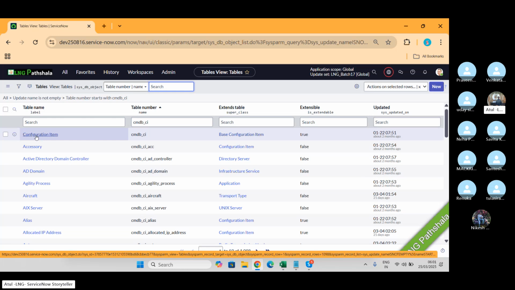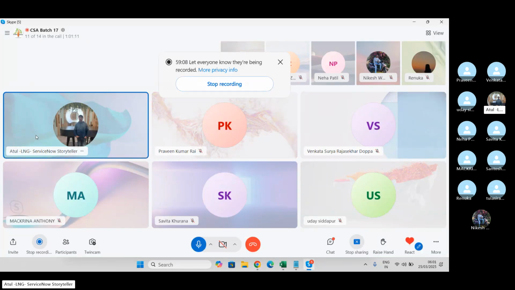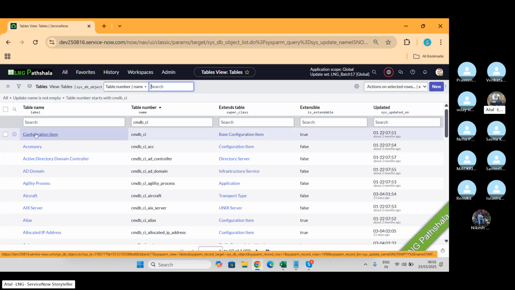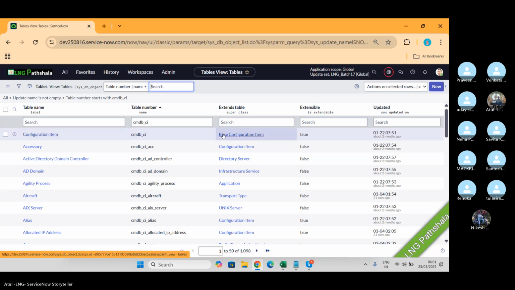So maybe a time will come when Savitas and Macrinas will be having the same ancestors. Same thing applicable here. You pick up any CMDB class. The ultimate parent of a CMDB class is this. And under this is the parent.